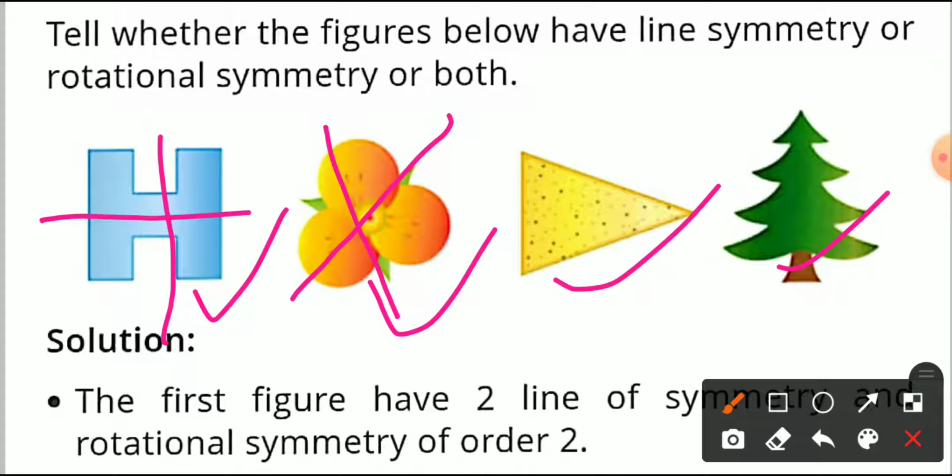If you want to check the rotational symmetry as well as line symmetry, you can rotate your mobile phone. If it is rotating and looks the same, then it has rotational symmetry. Whereas this figure only contains line symmetry but not rotational symmetry. And this also has line symmetry but not rotational symmetry.